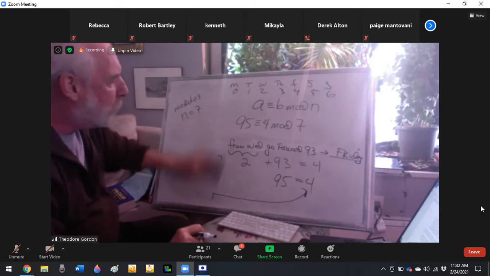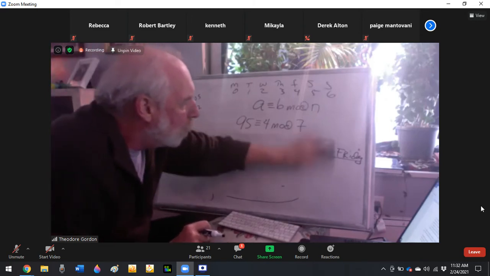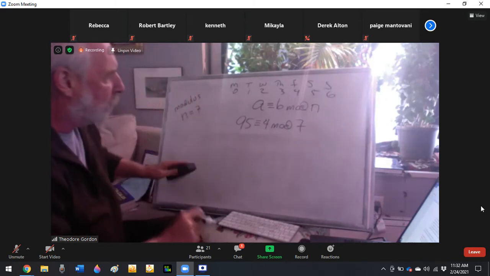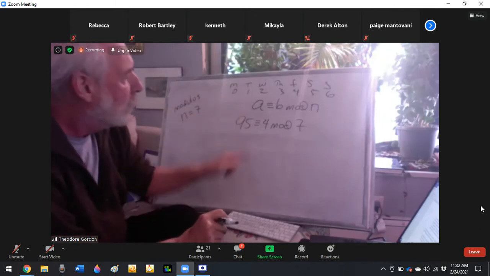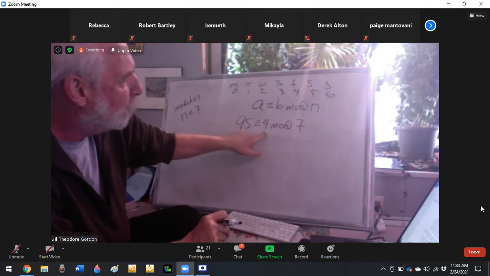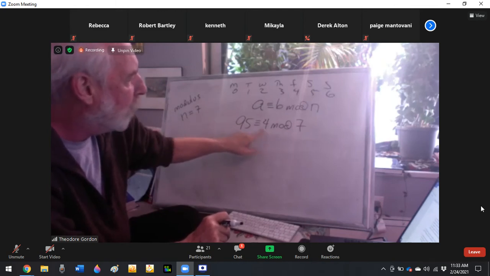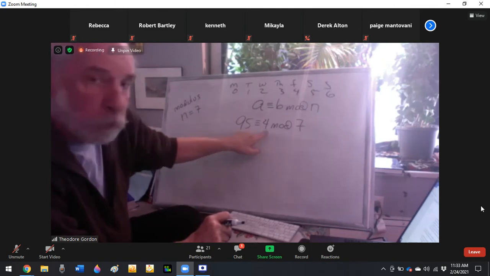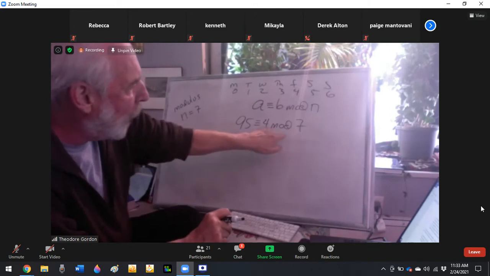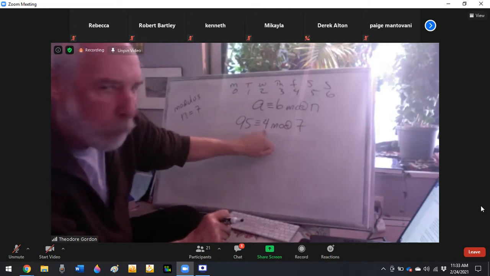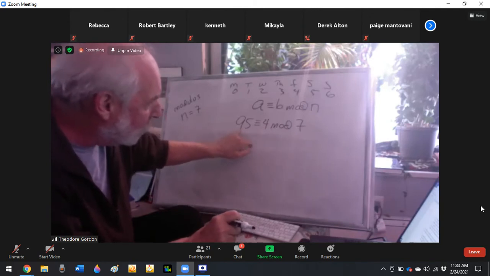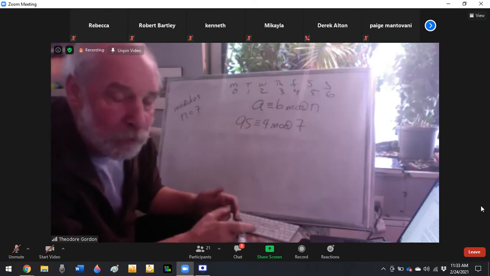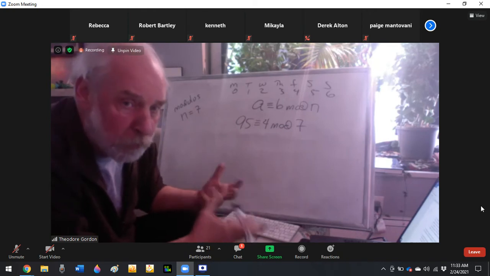So there's some properties that come up on here. Another way to look at this will often be, in fact, if I add 7 to 4, I could also say that 95 is equivalent to 11. I can just keep adding multiples of 7 to this number, or I can keep adding multiples of 7 to this number, and I'm still going to have numbers that are congruent to each other.